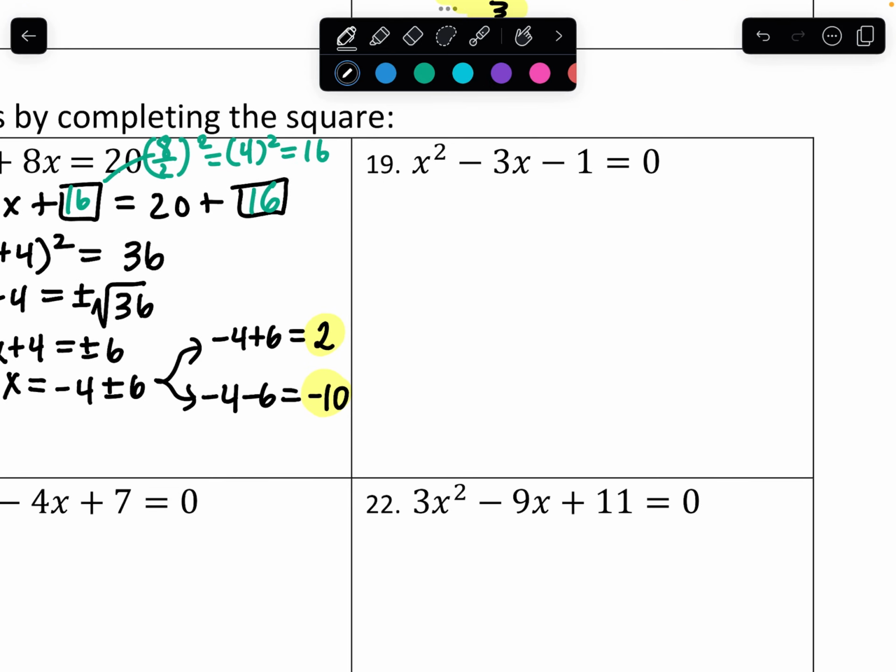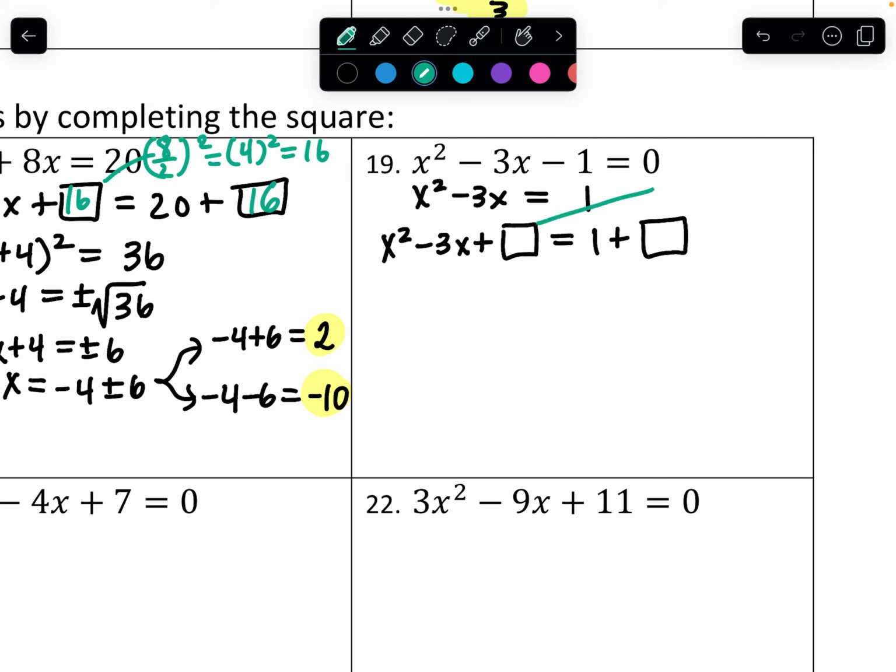Okay, over here, we need to move the 1 to the other side first. And then add in our boxes. This time, (b/2)^2 is (-3/2)^2.